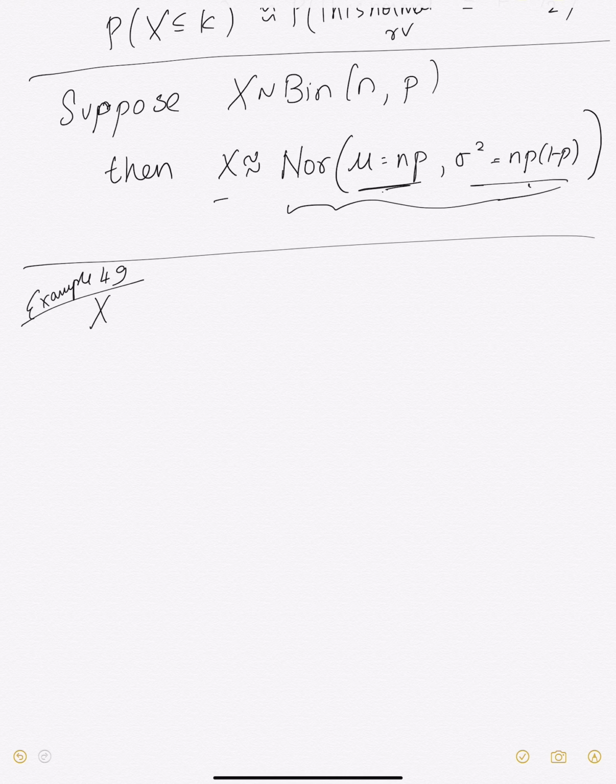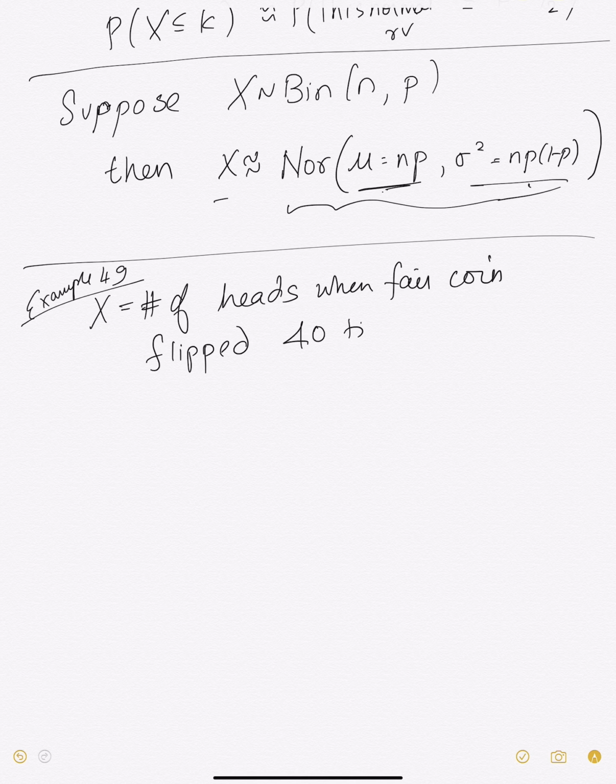Okay, so x is the number of heads when a fair coin is flipped 40 times. Okay, we're asked what's the probability x equals 20.